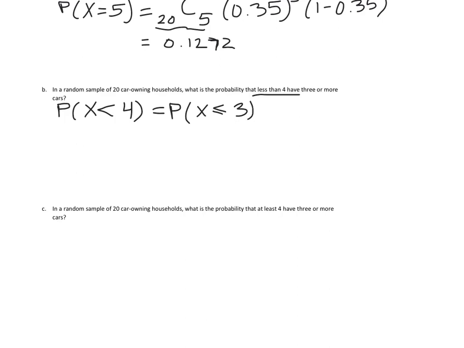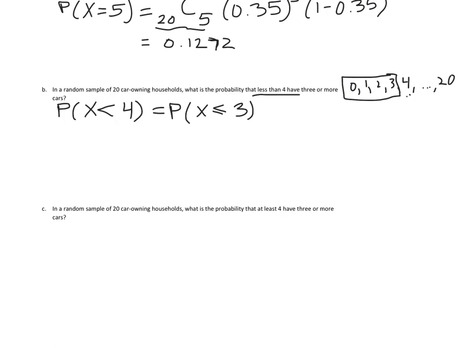Because the potential values of x are 0, 1, 2, 3, 4, all the way up to 20. Those are the number of successes we can have. So we're not going to say less than 4. Less than 4 implies less than or equal to 3. All right, and then notice what this means.